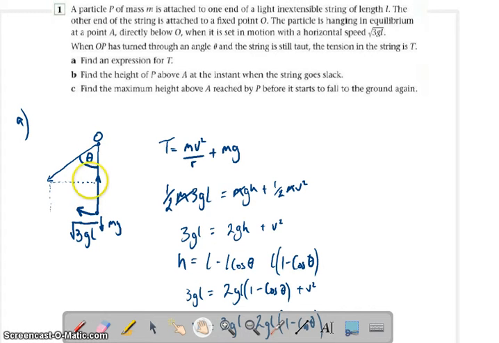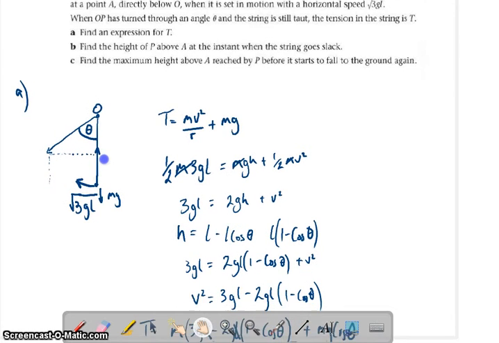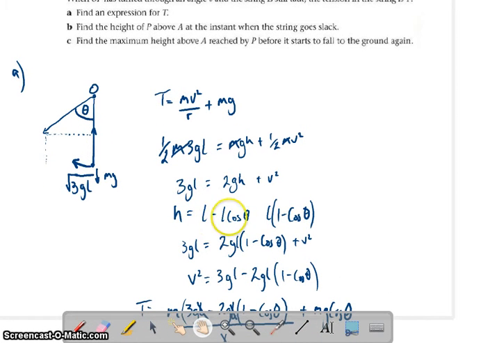So this distance here is L cos theta, where this is L, this is theta. So the height is the length of this, take away that, which gives us this height here: L minus L cos theta, or that can be factorized and you can take the common L out. That gives us an expression that we can write for the height, which is what we can use for the gravitational potential energy.